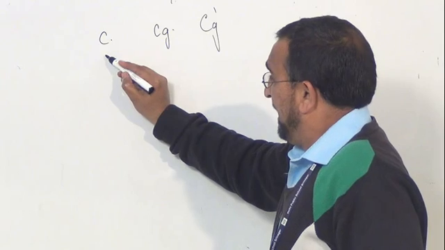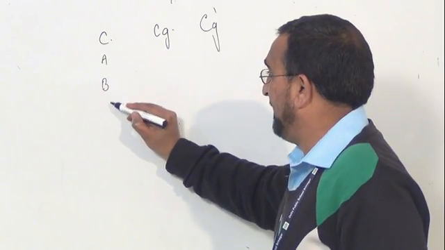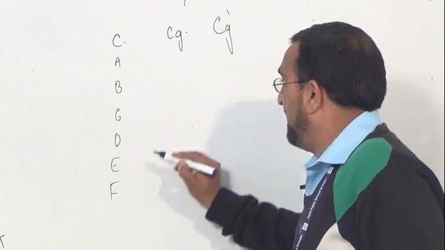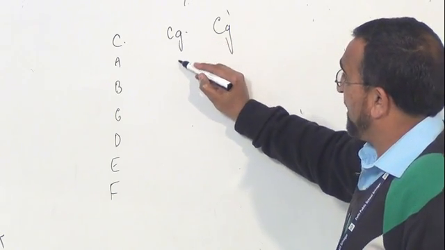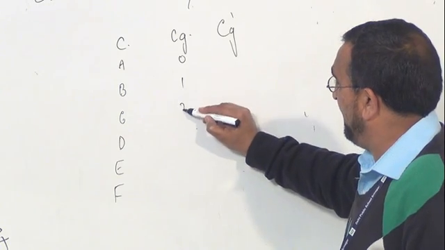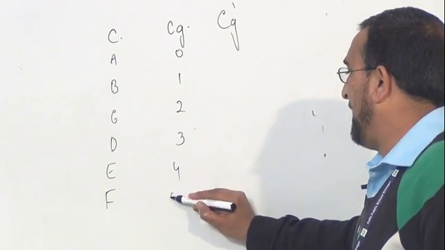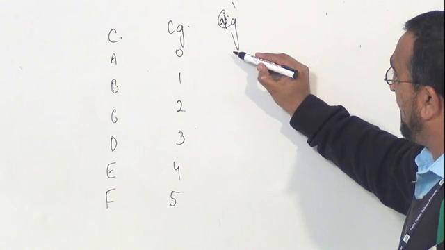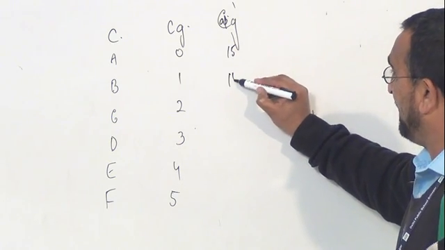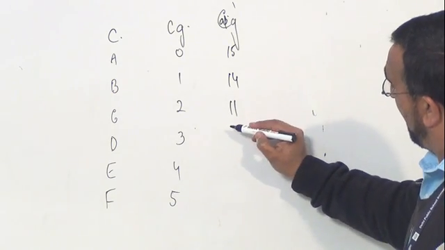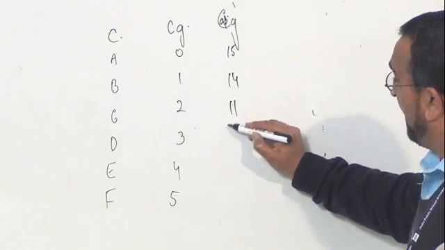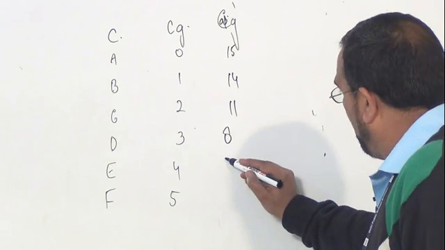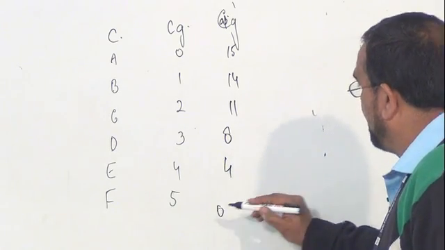Combinations A, B, C, D, E, F. Consumer goods we are producing 0, 1, 2, 3, 4 and 5. Capital goods we are going to produce 15, 14, 11, then 8, then 4, then 0.